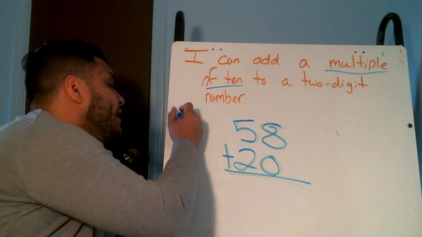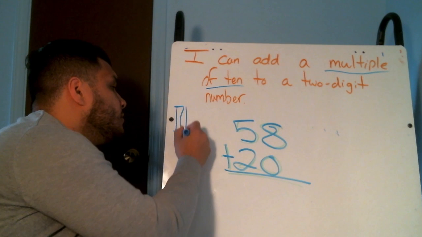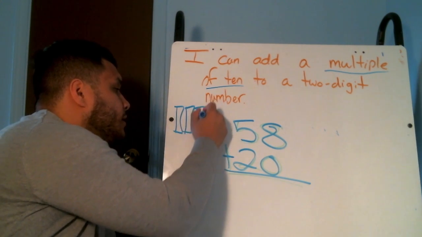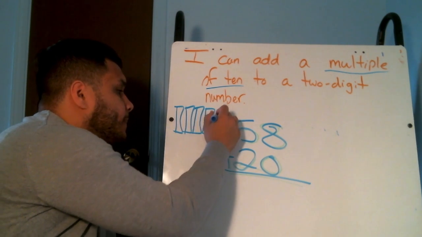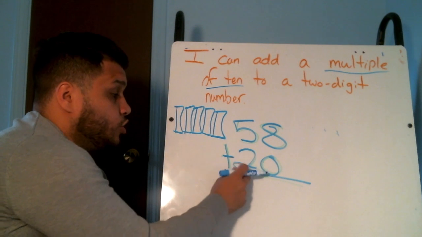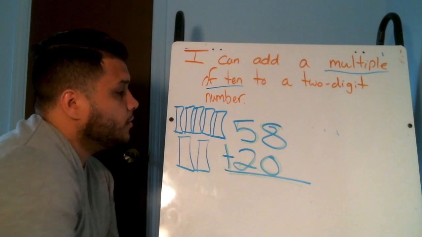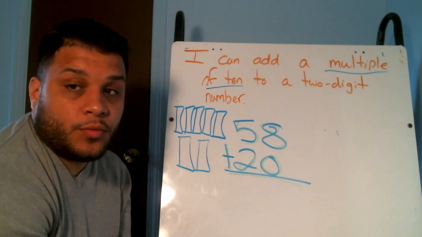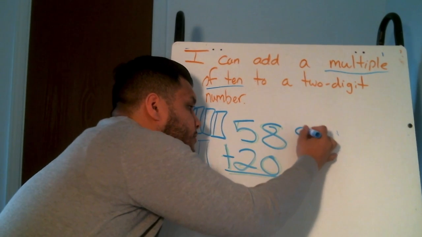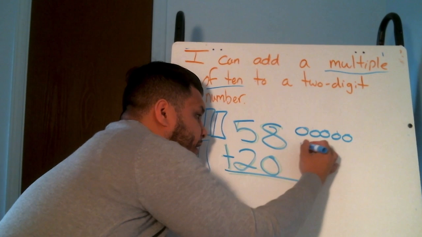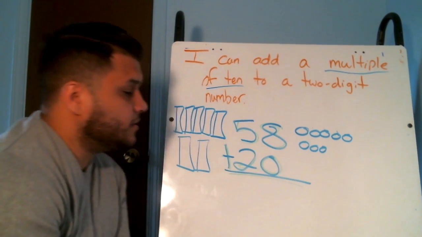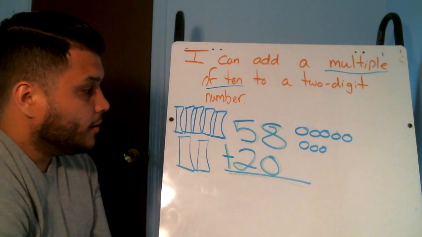So 58 has 5 tens. 1, 2, 3, 4, 5. And 20 has 2 tens. 1, 2. 58 has how many ones? 8 ones. 1, 2, 3, 4, 5, 6, 7, 8, and 0 ones in 20.